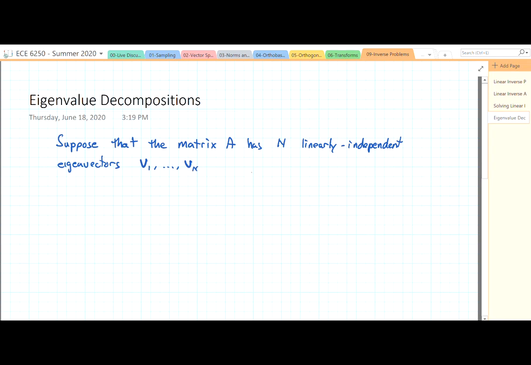Well, because of this, we know that A times v1 is just going to be, now these may each have their own individual eigenvalues, very likely the case. So by definition, we're going to have something like this.